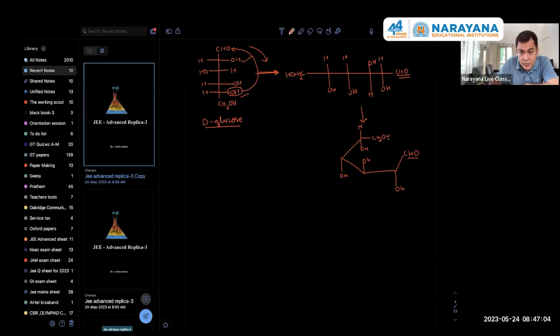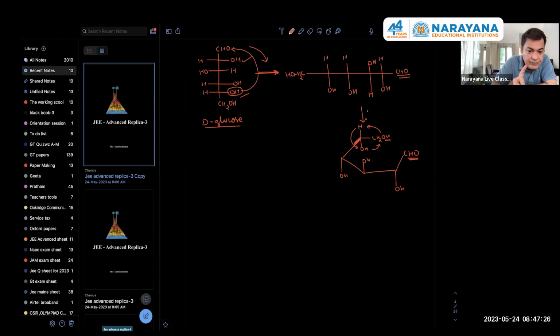So OH will attack, not CH2OH, and CHO is here. So this OH should come on this place. You know that technique: keep one bond fixed, and the other three can rotate in any way; that will not change the configuration.